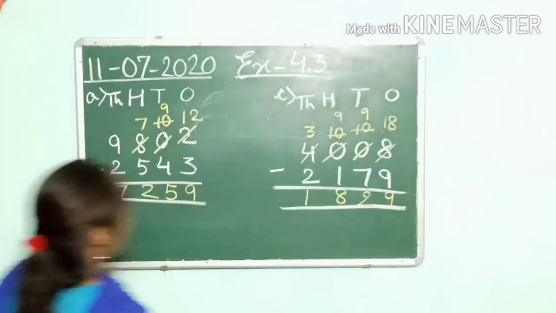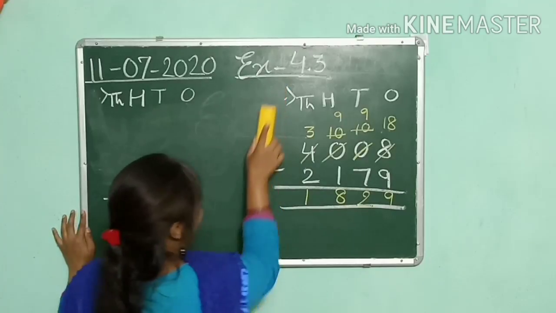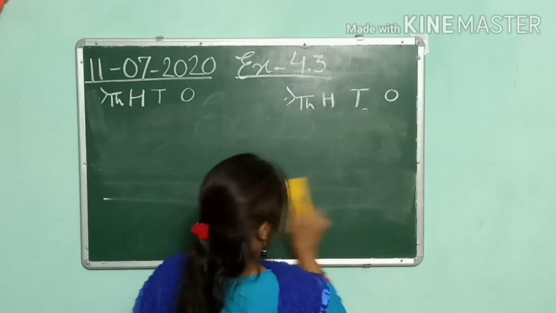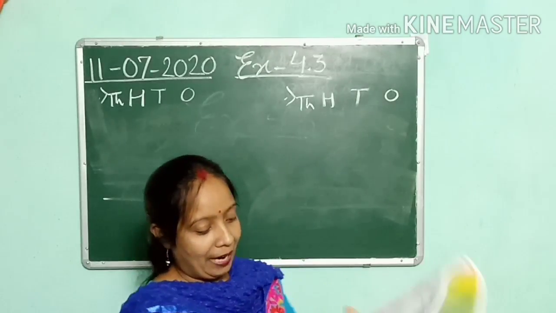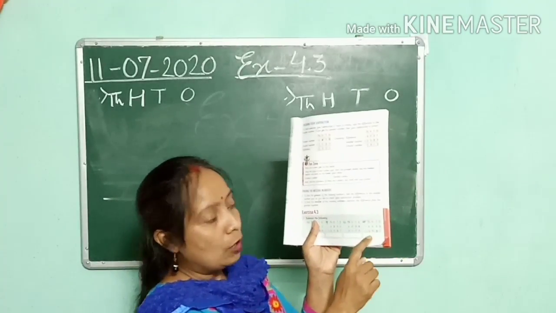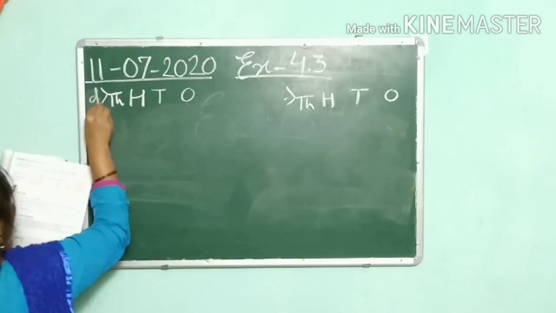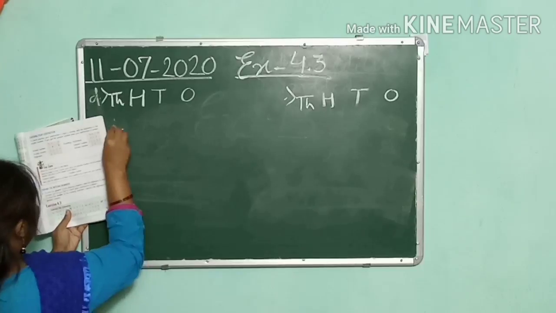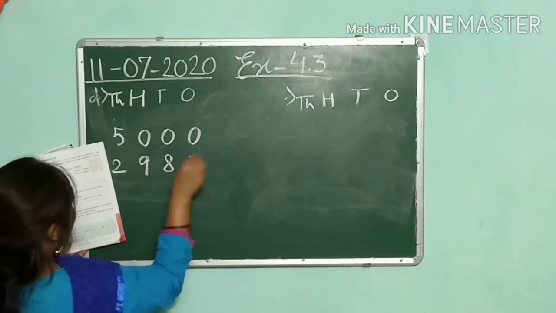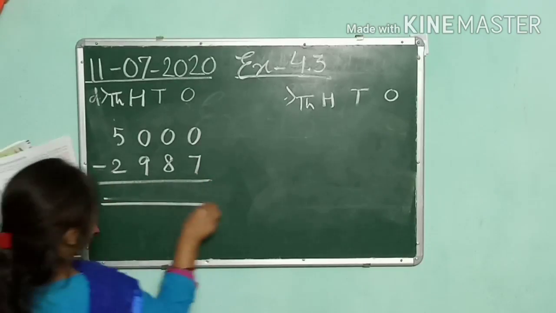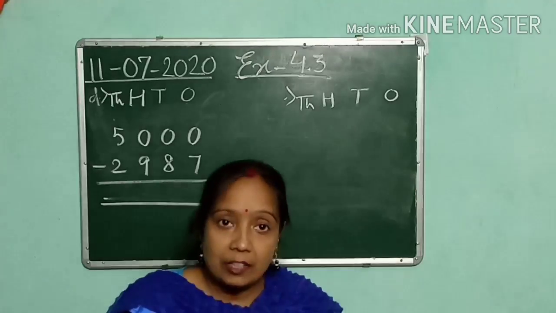Now again children, we move to the next question. Suppose we are taking the D number question. Now you look at the D number question children. In D number question, you have to subtract this 5,000 and 2,987. Now children, again you check the digit at the ones place.